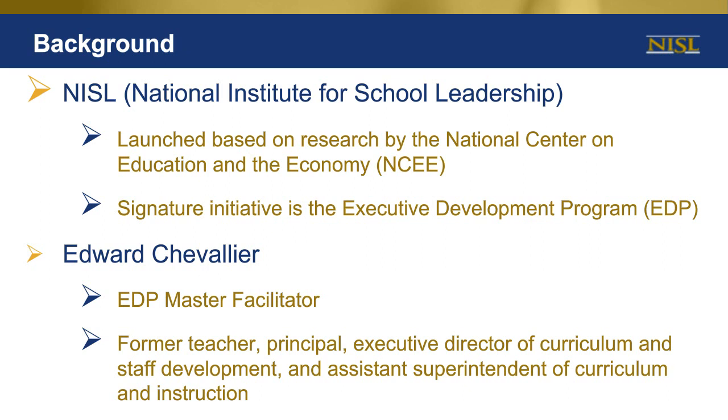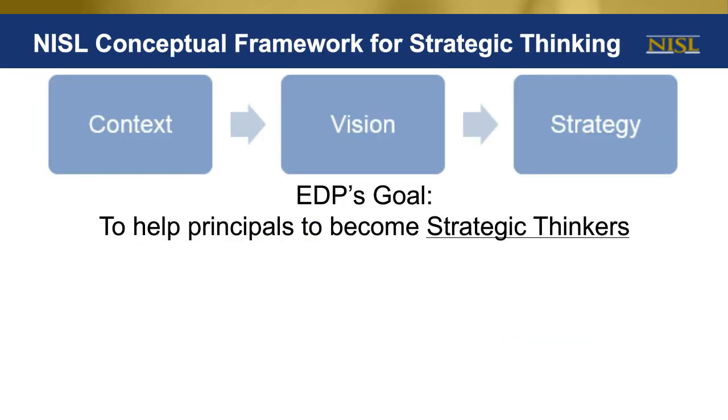Pictured on this slide is a guide that we use throughout our program and around which our curriculum is organized. Our program philosophy and curriculum are taken from the educational field, but also from a business and a military perspective. What you see here are these 3 boxes because they outline our goal of helping our participants become strategic thinkers.